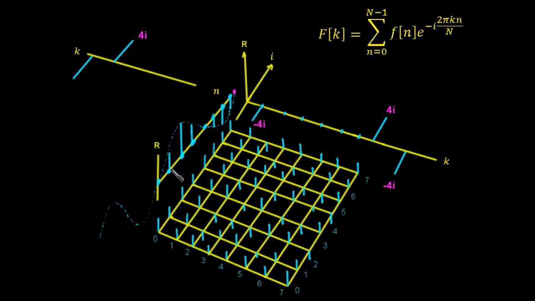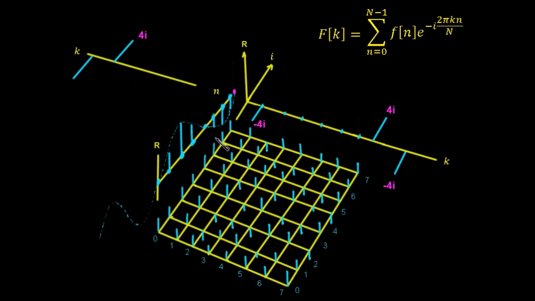This value here is actually going to be 1 upon root 2, because we've split this into pi by 4. So that 1 upon root 2 would modulate these 8 here, and then a value of 1 would modulate the next lot, and a value of 1 upon root 2 would modulate the next lot, and a value of 0 would modulate them, and so on and so forth.